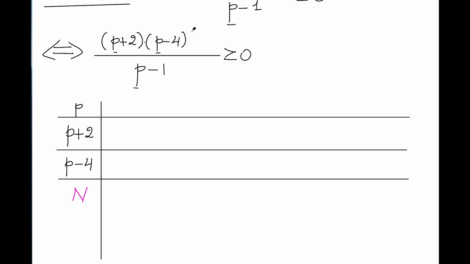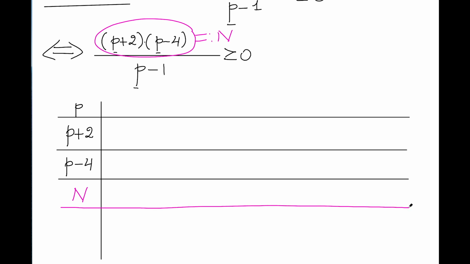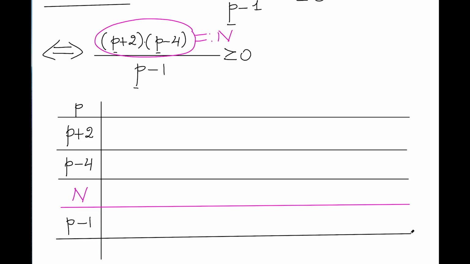And n, again, is the numerator. So once you understand the variations of p plus 2 and p minus 4, you can deduce the variations of n, so I'm going to create a row for that information. And then the last thing is p minus 1, which is technically the denominator, right?